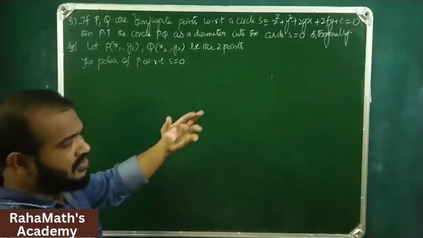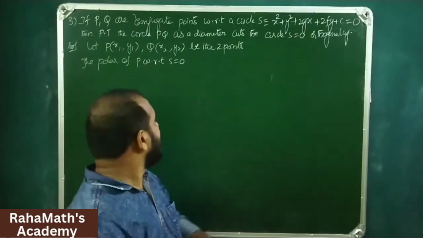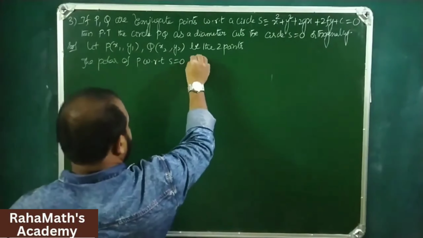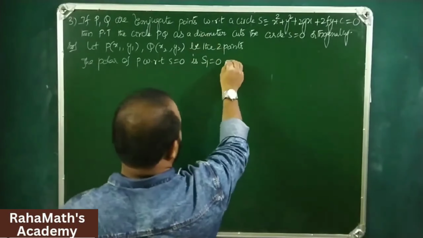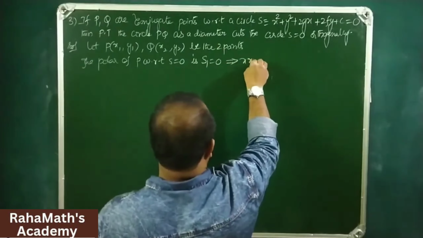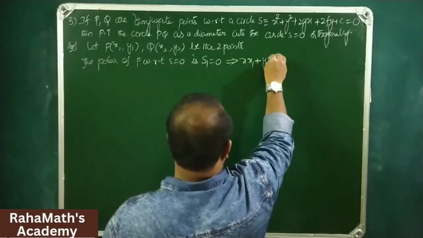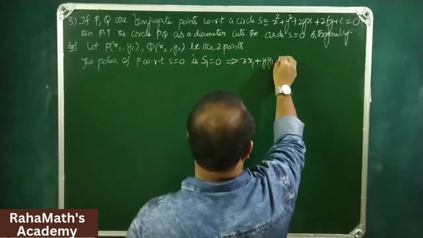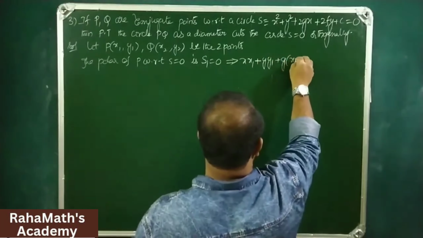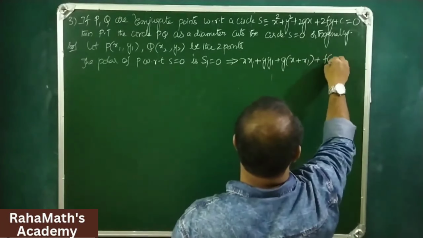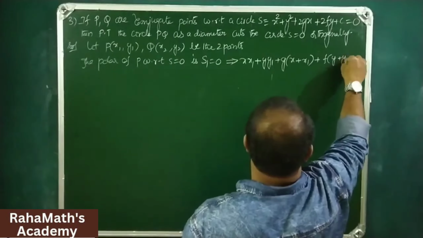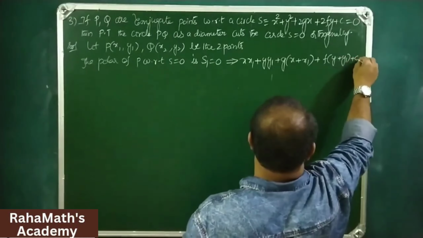What is this S? The standard general equation of a circle is S equals 0. The notation of this S1 is x x1 plus y y1 plus g into x plus x1 plus f into y plus y1 plus c equals 0.